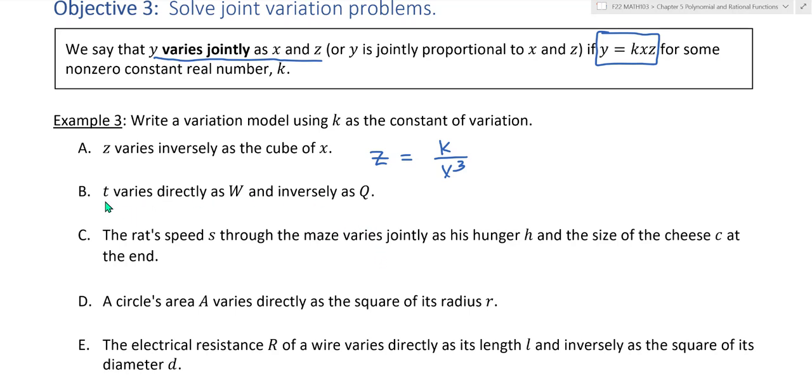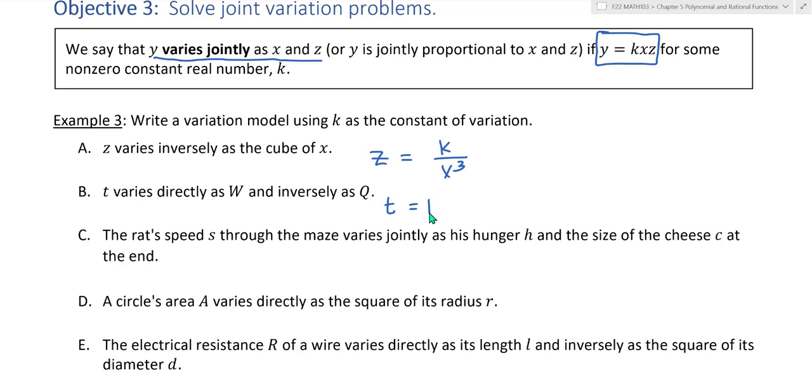Okay. Part B. T varies directly as W and inversely as Q. So this is perfectly possible that you can have combined variation. So T equals, okay, it varies directly as W and inversely as Q. So there's multiple ways to write this.